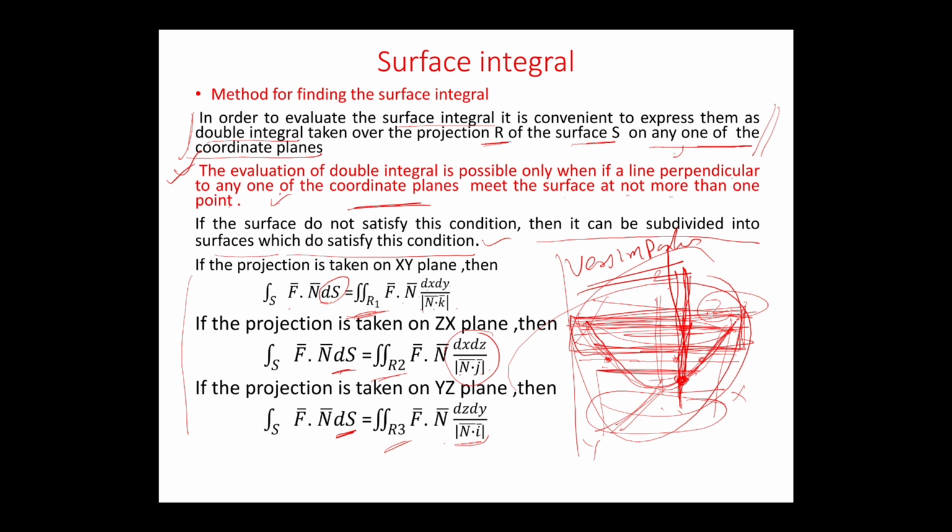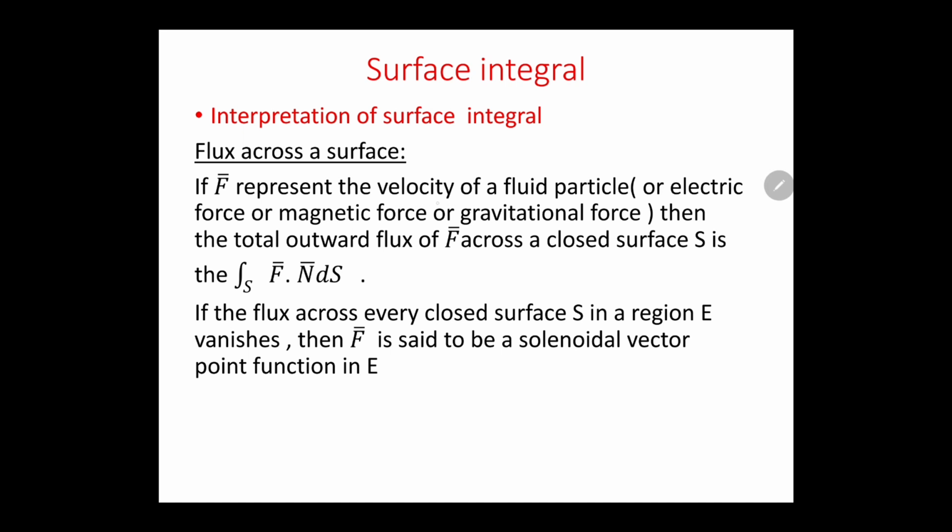What is the interpretation of the surface integral? If you find the surface integral of a function f bar, you'll get some value. What that value represents is the interpretation, and that depends on what your f bar is. If your f bar represents the velocity of a fluid particle, then, flux being the amount of fluid passing per unit area, the total outward flux of f bar across a closed surface S is the integral over S of f bar dot n bar ds.